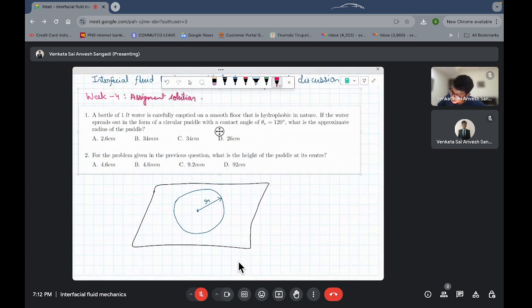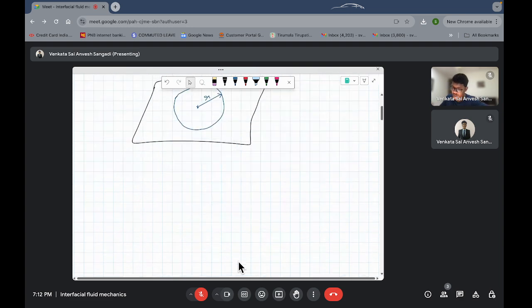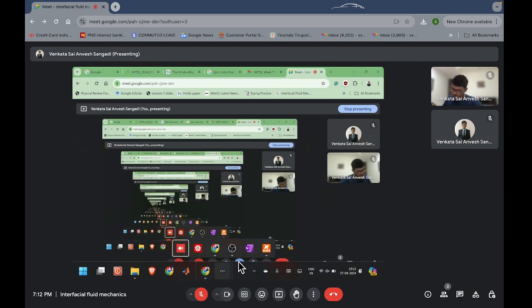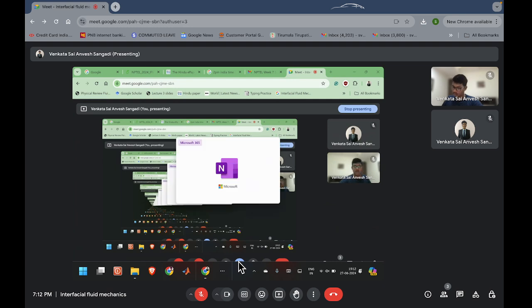It is given that 1 liter of water and the contact angle is given as 120 degrees.